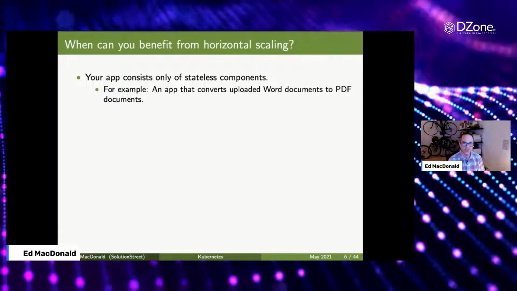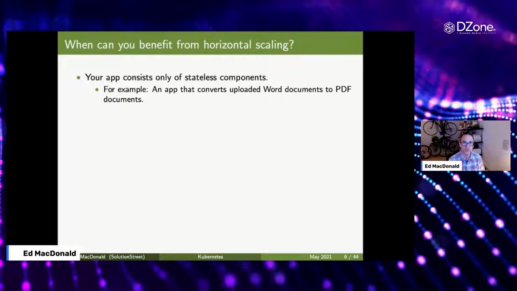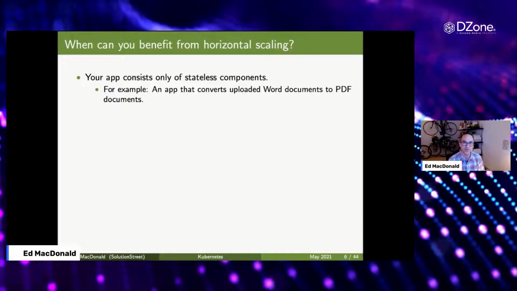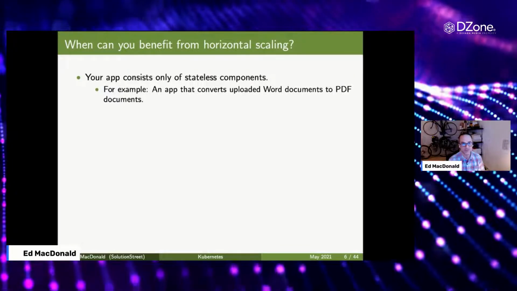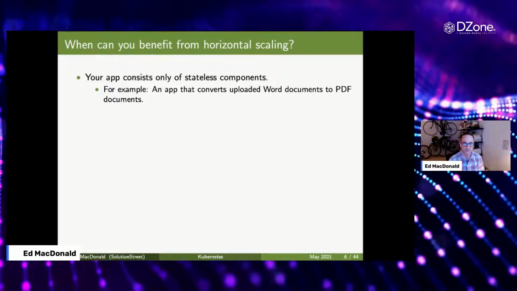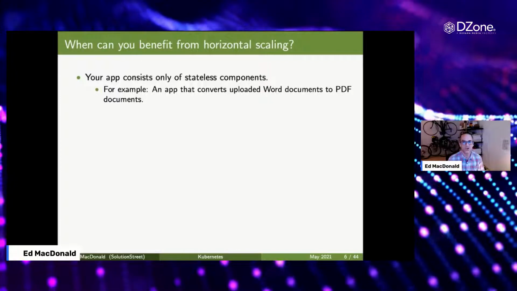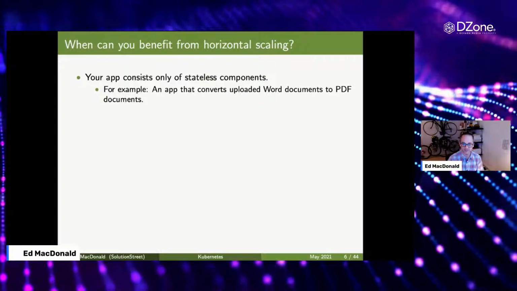Any node can answer any request, and the life cycle of the request is just one request response. So there's no state that needs to be carried between requests. It doesn't matter which node is doing the conversion because it's just one simple process that runs and gets an answer. This is kind of the canonical example of a Kubernetes application, totally stateless.